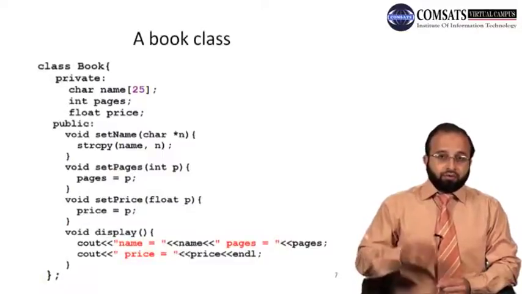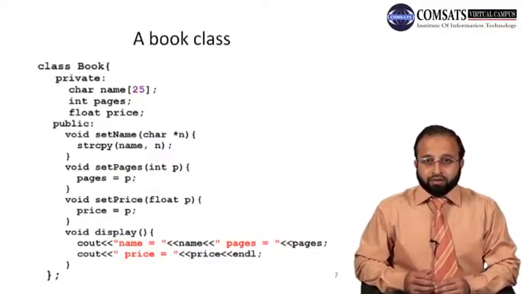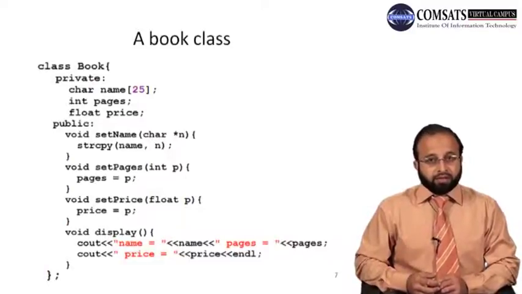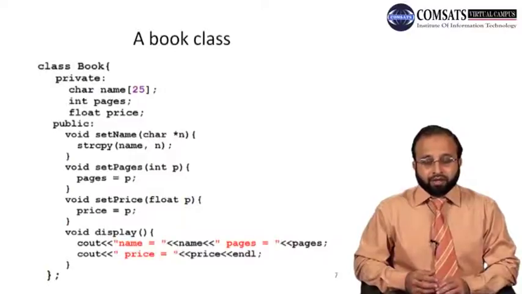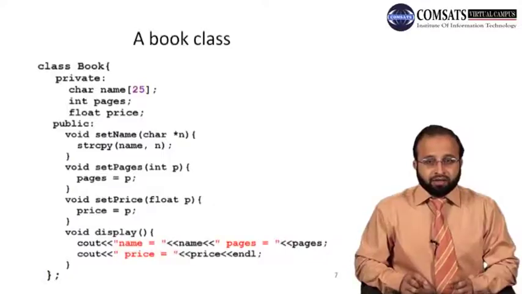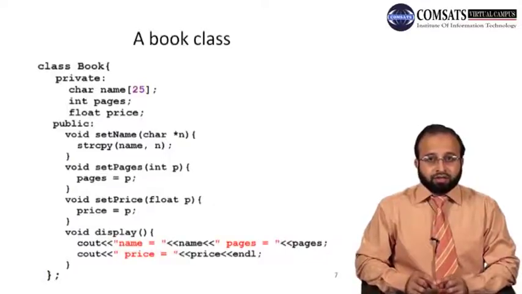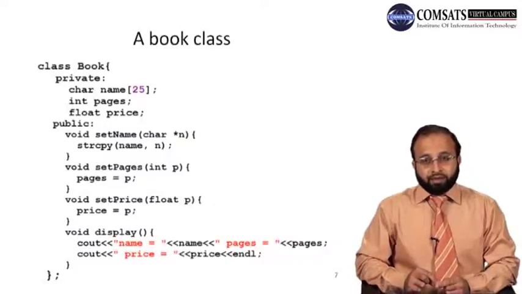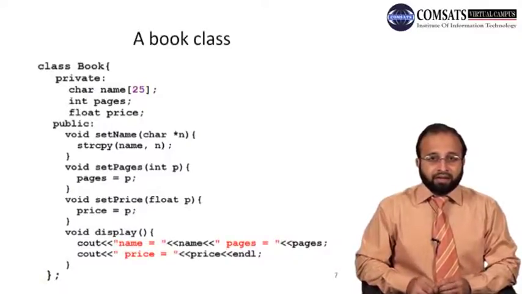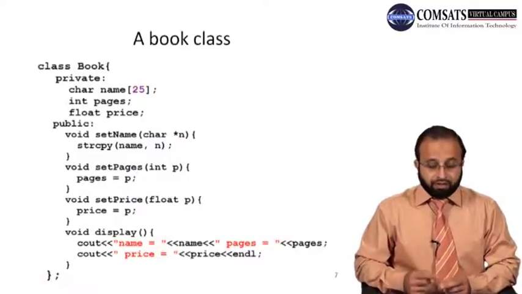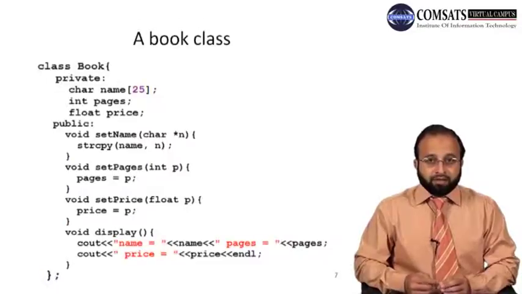To enforce this in an object-oriented programming language, we have the access specifiers private and public. We usually make the data members, that are the attributes or fields of the class, private, and the behaviors, that is the functions, public. So the functions in the class are public, while the data members of that class are private.